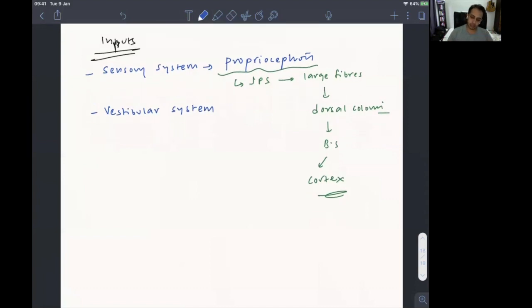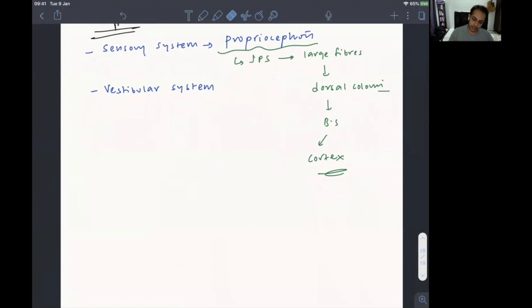The vestibular system decides if your head and your body are parallel to each other, or is your head turned to one side, or is your entire body turned to one side. When you are on a roller coaster and you go upside down, it is your vestibular system that is telling you that your body is upside down.